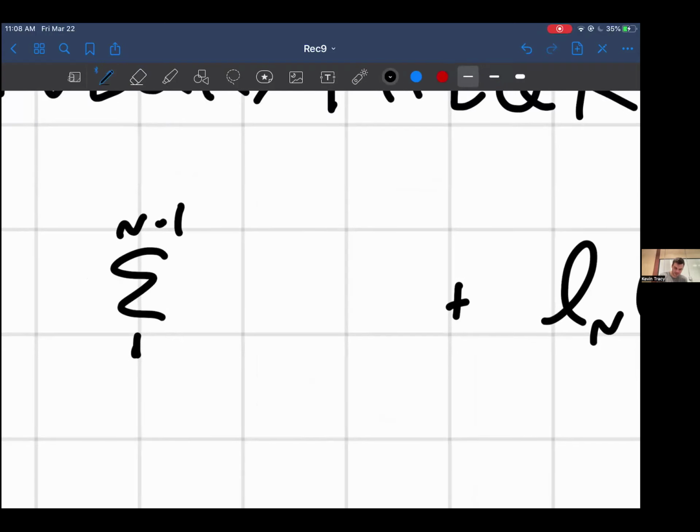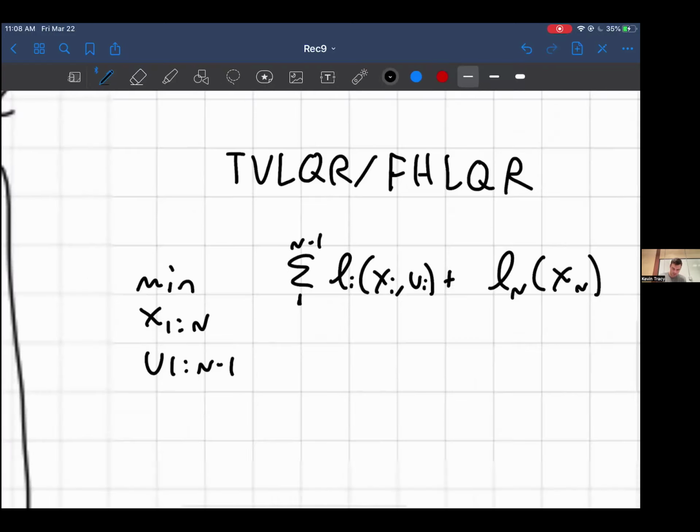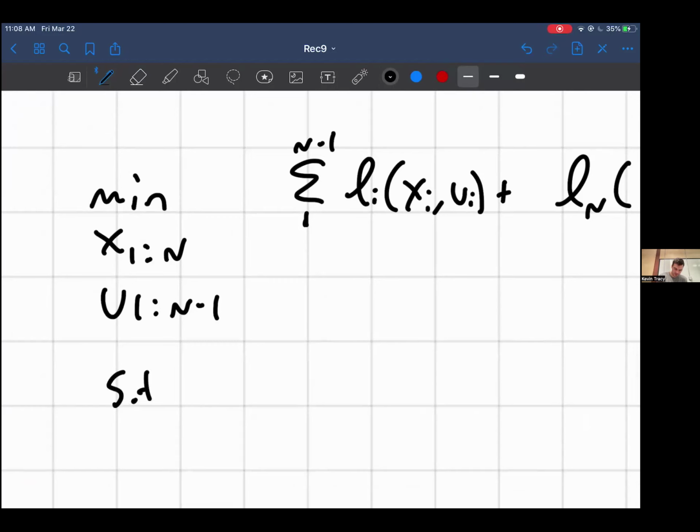Go ahead and write this out a little clearer. Here's our stage cost. And then subject to, and I'm gonna ignore the initial condition constraint for all these things, but they all have initial condition constraints.